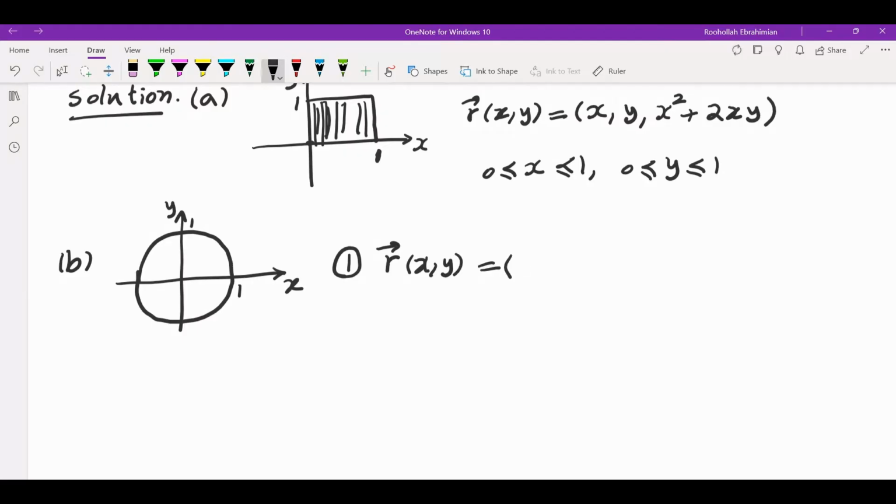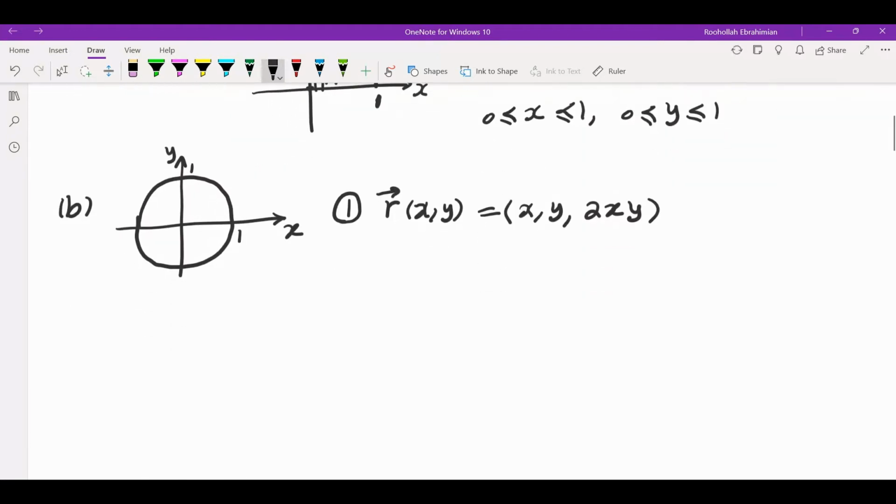So r of x, y equals (x, y, 2xy). Z is equal to 2xy. That's what is given. And this region is a vertically simple region. So we could say y goes from bottom to top. What is the bottom of this disk? The bottom is y equals root of 1 minus x squared, because the radius is 1.